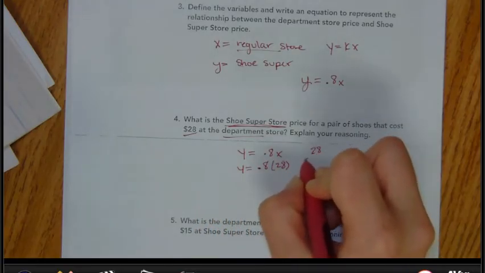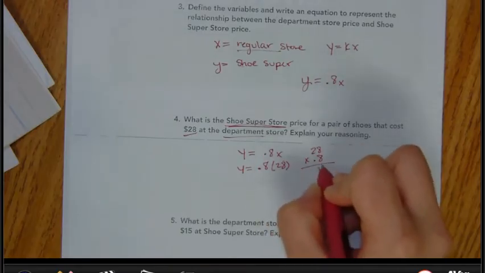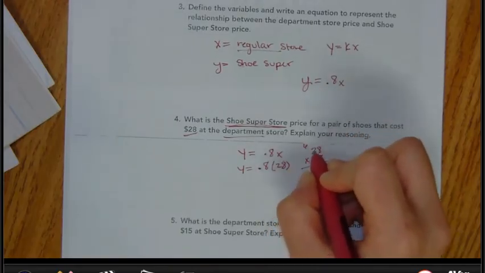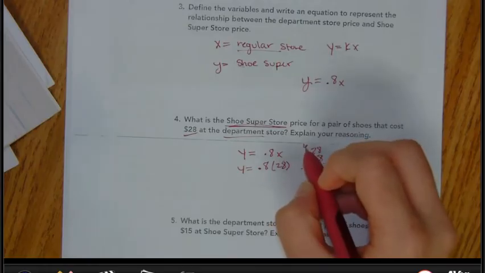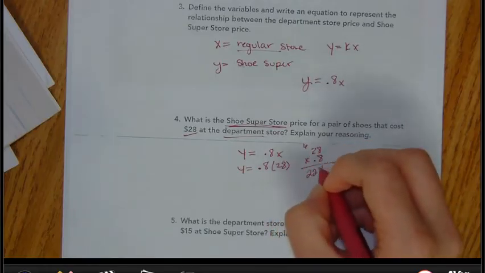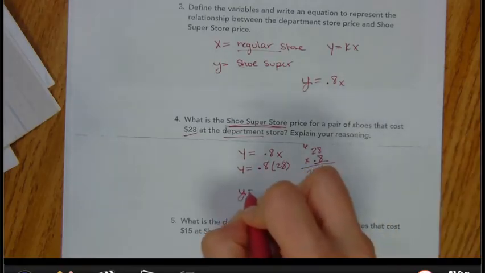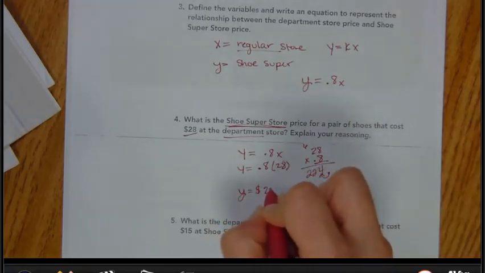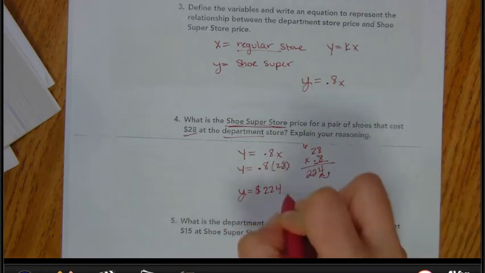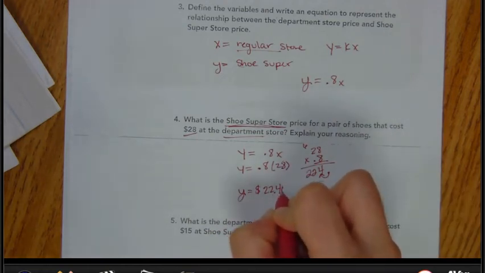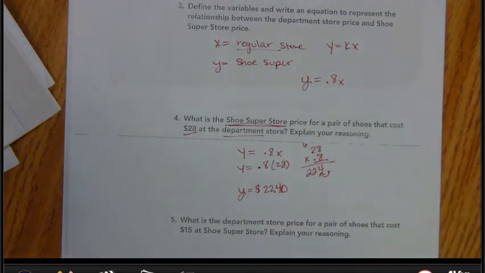So I have 28 times 0.8. 8 times 8 is 64. 8 times 2 is 16. 17, 18, 19, 20, 21, 22. I have one decimal place, so I'm going to move it to the left one time. So at my shoe superstore, I should be paying $22.40.